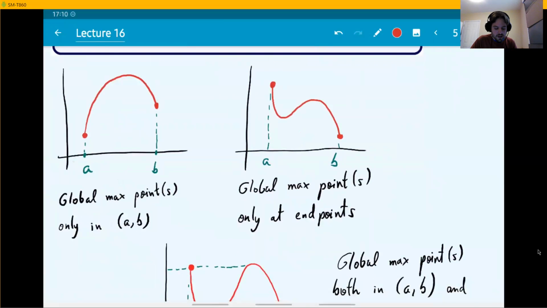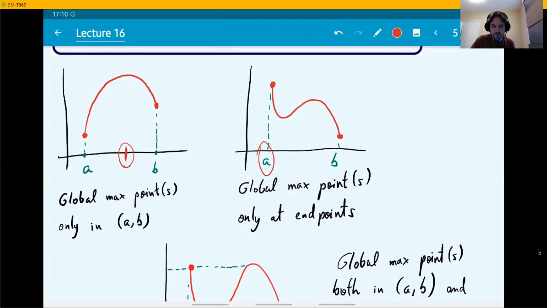In the first one, I have a function that has a global maximum point only inside of the interval, the open interval AB. The global maximum point is right here, right? Because that's the location where the function is at its global maximum value. In the second picture, the global maximum point is actually only A and no other points.